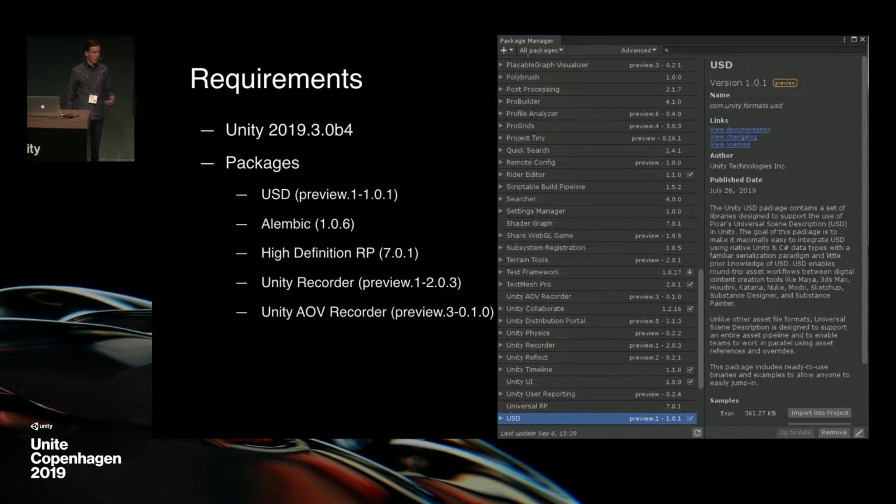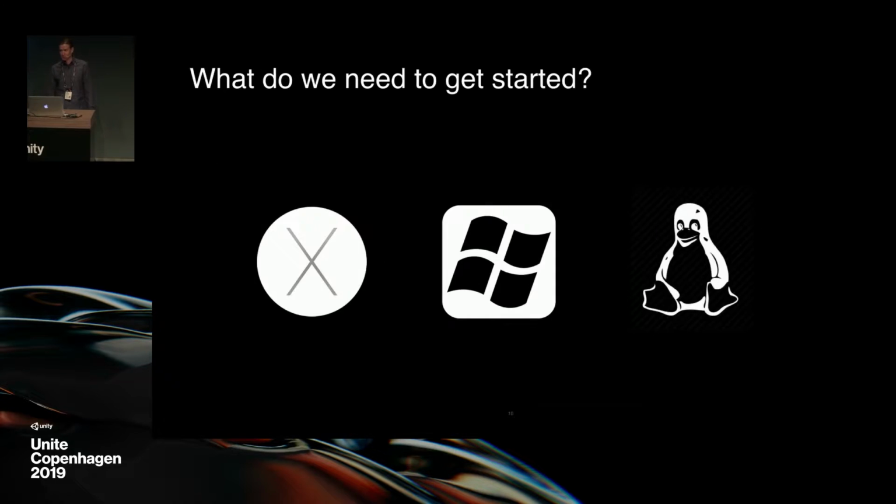For rendering, we're going to use the High Definition Render Pipeline. And then to get data out, we're going to use the Unity Recorder as well as the Unity AOV Recorder, which builds upon the functionality of the underlying Unity Recorder. Note that some of these packages are still in preview, so there are some caveats to that. It's a bit bleeding edge.